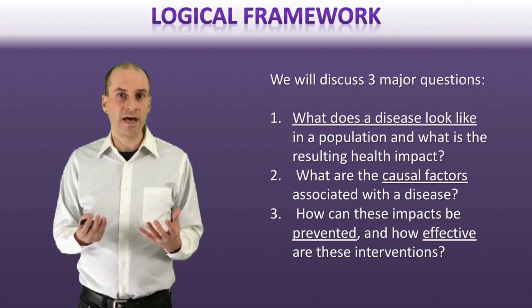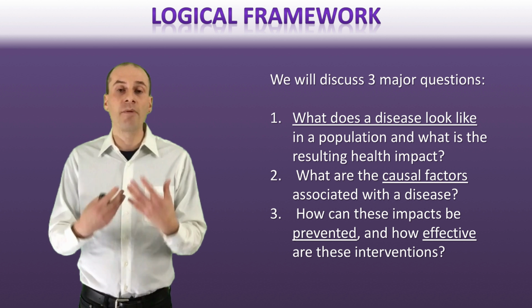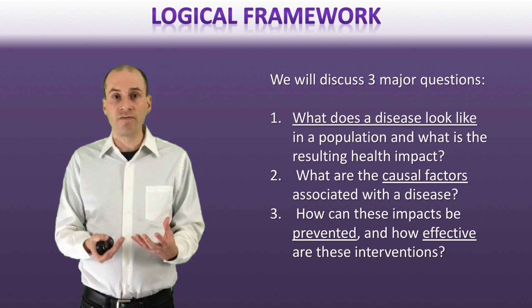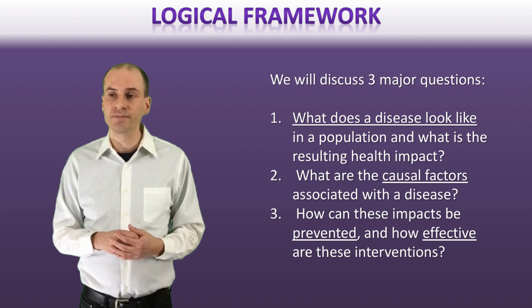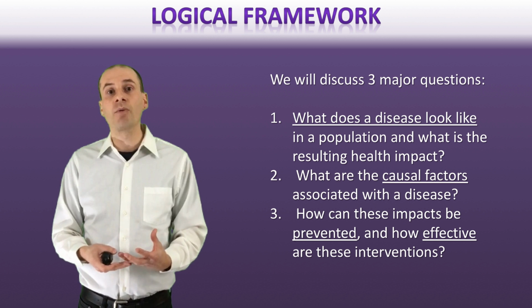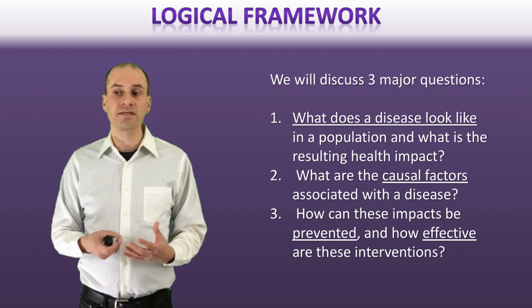And that can be incredibly powerful. And in truth, it's very hard to figure out how we can have an intervention to solve a problem. How can we do something to solve a health problem if we don't really know what the causal factors are? Again, think about the Black Death and how much trouble they had figuring out what causal factors were so that they could actually effectively prevent this disease from happening.